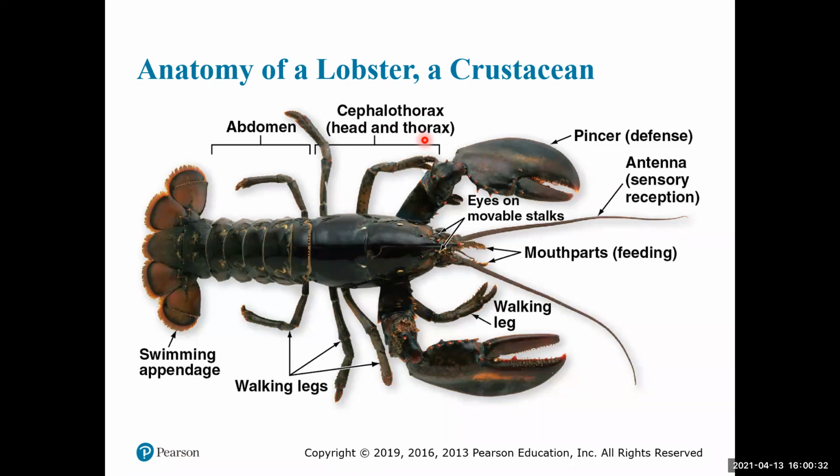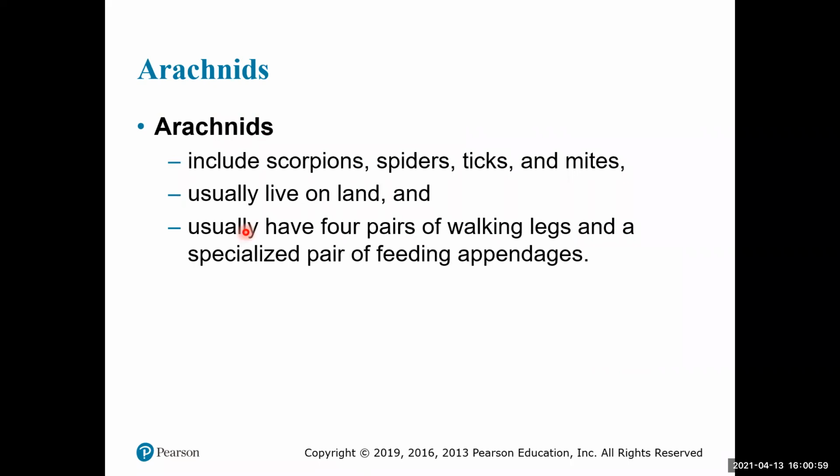So for example, this lobster has a cephalothorax, which is the head and the thorax combined. So cephala referring to head. So it's like your head-thorax area, and then it has its abdomen, right? And again, depending on which organism you're looking at from the group, the different segments will be more obvious or reduced or less obvious.